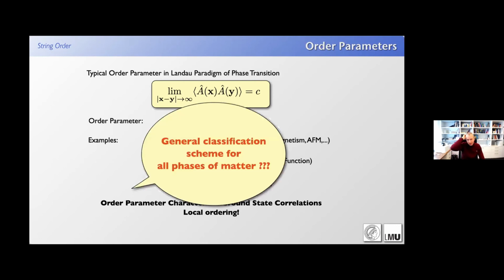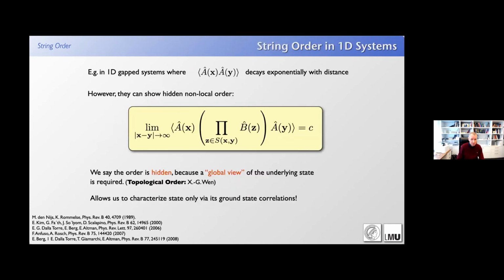Now, what people have learned in the past 20, 30 years is that there's a much more general classification scheme for phases of matter that is not based on this Landau paradigm, but which can be extended by it, for example in one dimension by these so-called string correlators. There you want to know how this operator correlates at points x and y. But in order for this to go to a constant value, you actually need to know what's happening in between those 2 points in space to predict what this correlator is going to be.